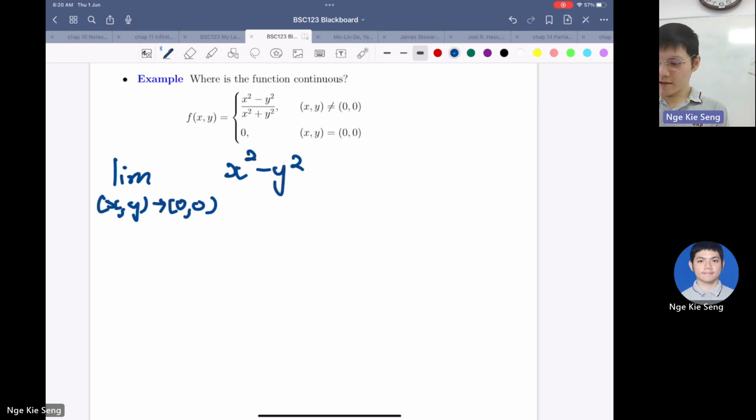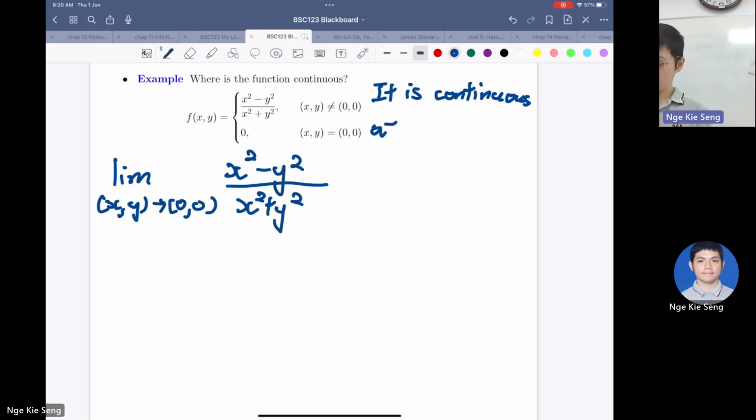So we need to study the behavior around the origin. Away from the origin, it is continuous, right? Throw away the origin.